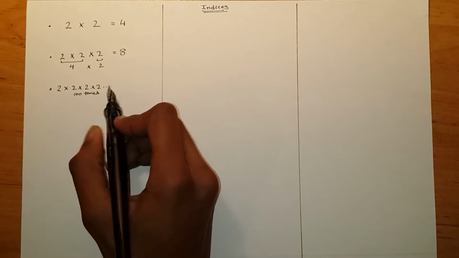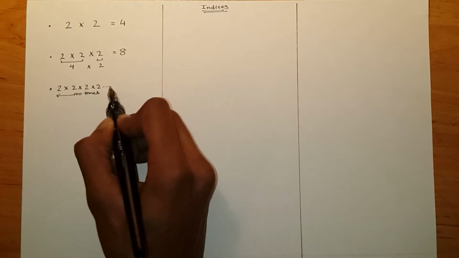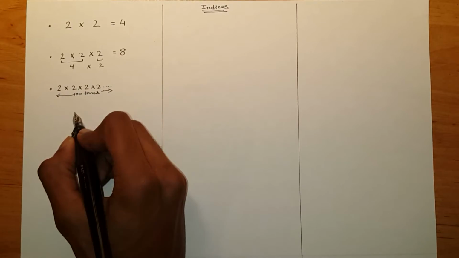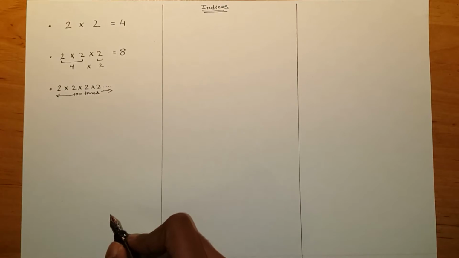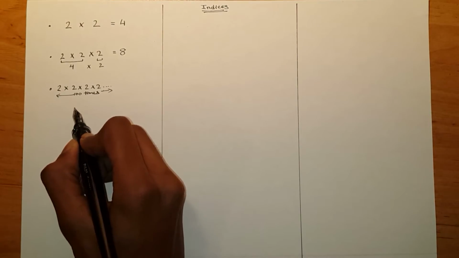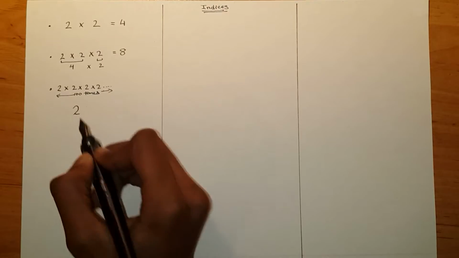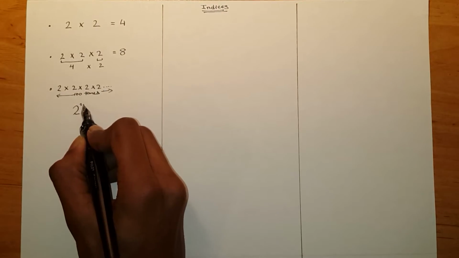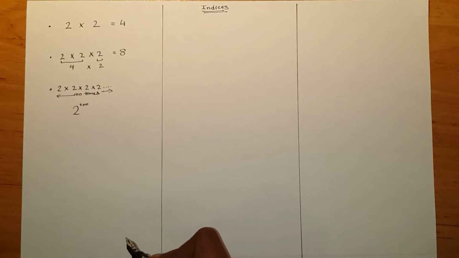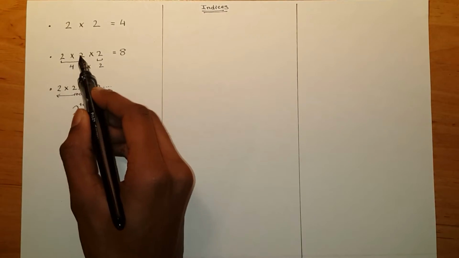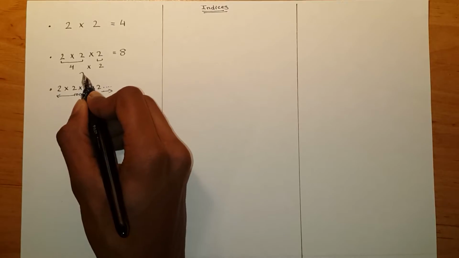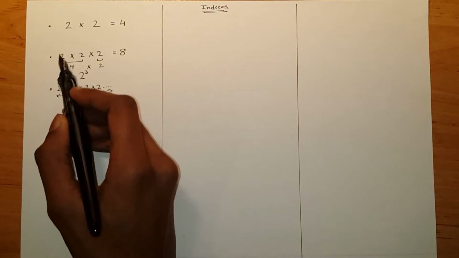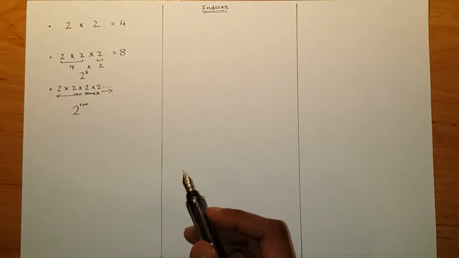It would be really difficult to write it. So we use a system called indices. What we do is write 2 to the power of 100. And here we're going to write 2 to the power of 3 because there are 1, 2, 3 2's.